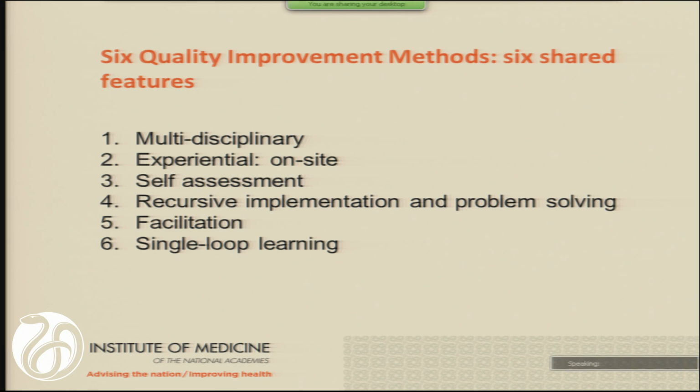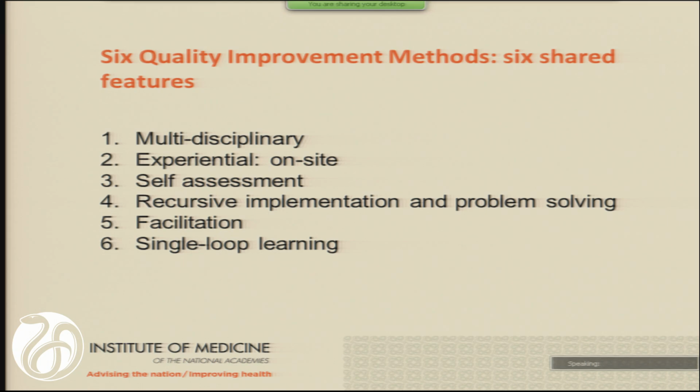What's also very interesting is that the methods I've described tend to follow what I call single loop learning. So following Argyris and Schoen's single loop and double loop learning, they tend to follow a cycle, but without taking into account the contextual and health system factors and other factors that might influence the successful implementation, rollout, or scale up of these interventions.